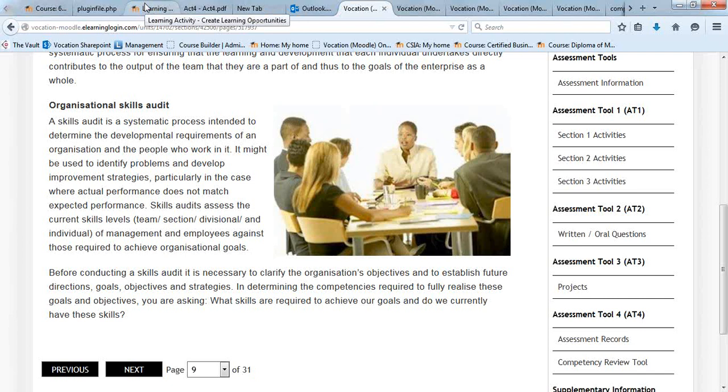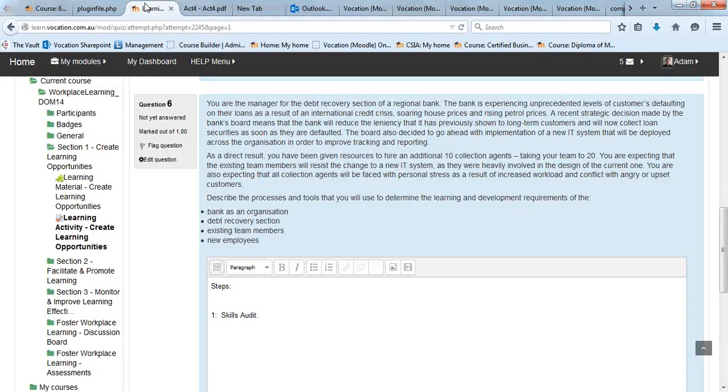It's quite simplified in the actual resource material itself, but obviously you want to determine what skills are required, and the next step is then to look at the team members and see currently where they are placed in terms of those skills. That's the second part of that process, because if you haven't determined what skills are required, then there's no way that you're going to be able to determine whether or not people are meeting those requirements and where they're at.